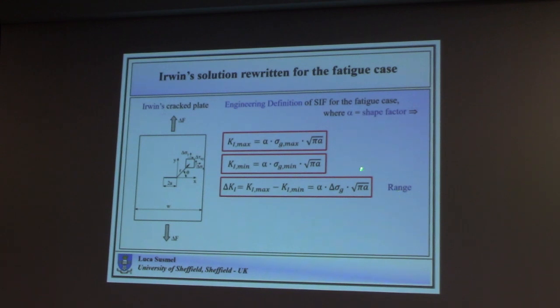So we do our calculations again in terms of ranges. And the load ratio is defined as K1 min divided by K1 max, and if you play with these two definitions, it's easy to see that it's nothing but the minimum value of the nominal stress divided by the maximum value of the nominal stress. So we go back to the usual definitions we like when it comes to conventional continuum mechanics of fatigue.